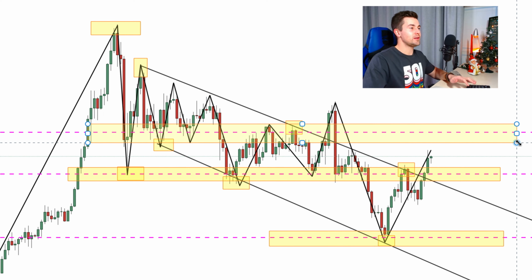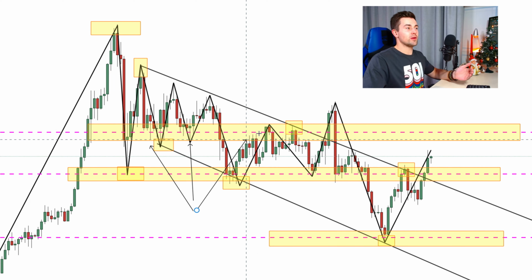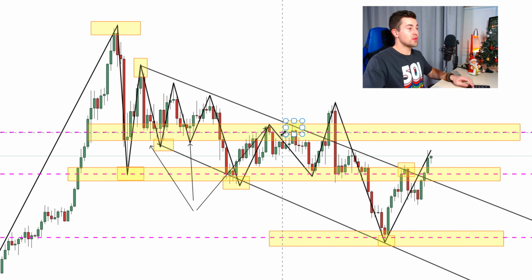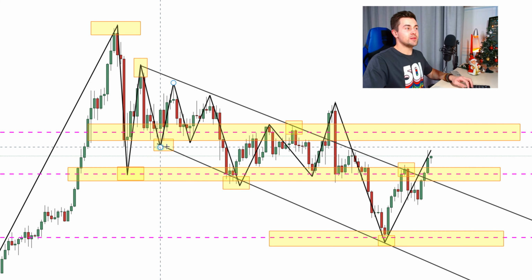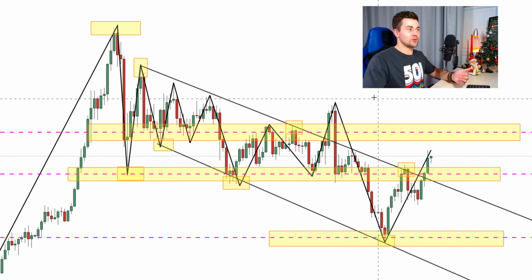Right here we have a very nice structure zone, structure shelf, and based on the reactions, how many times did we react to that area? Many times, crazy reactions. Though the market broke that level multiple times, you can see that most of the time when the market reaches it, we see a reaction. So this is our next structure.